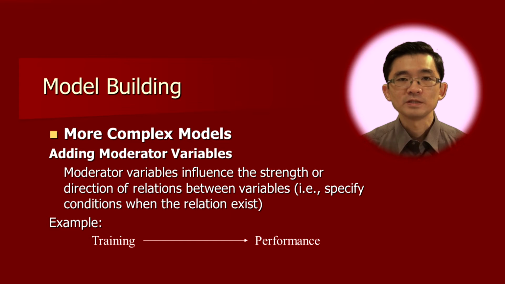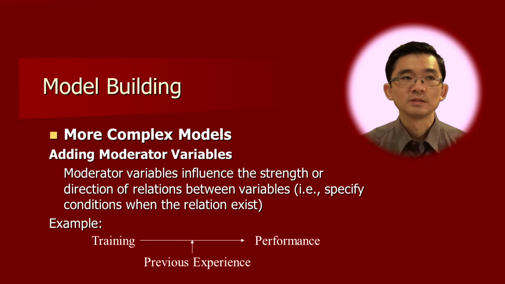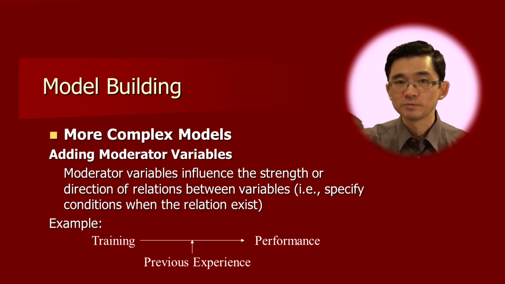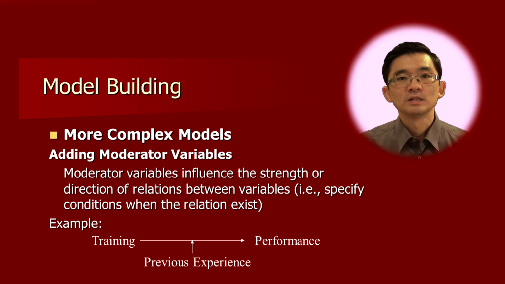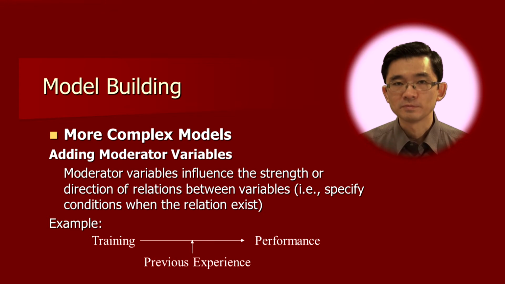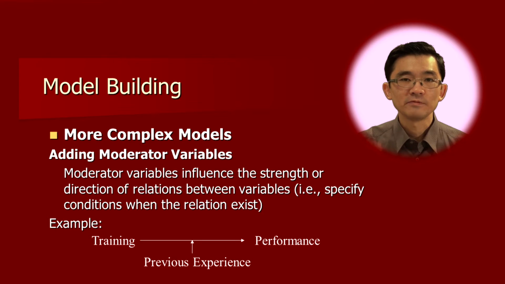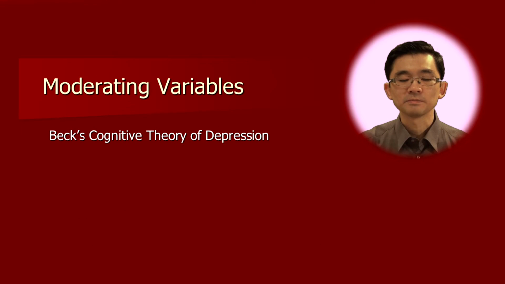One possible difference is prior experience. Maybe for people with some prior experience, the training will improve their performance. But for people with no experience at all, the training does not improve their performance. So it shows that having some experience will be important. Otherwise, the training will not lead to better performance. Okay, so that's another example.